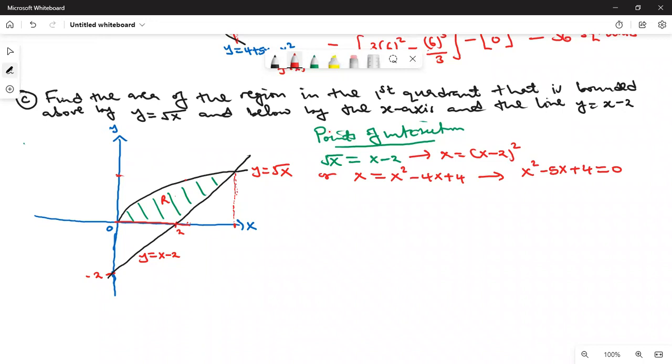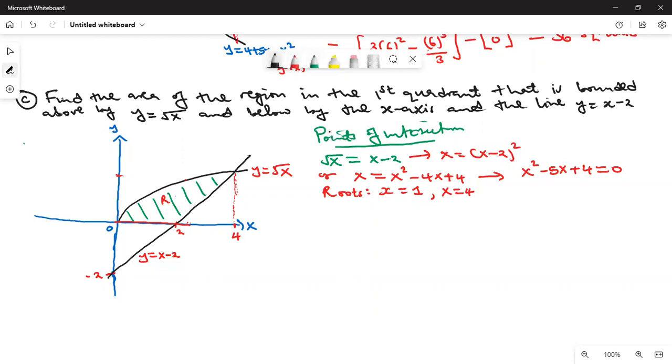So what are the roots? You can use any formula. You'll find the roots to be x is equals to 1 and x is equals to 4. So they are meeting at 4 and at point 1. Why at point 1? When you extend this one, let me explain that.